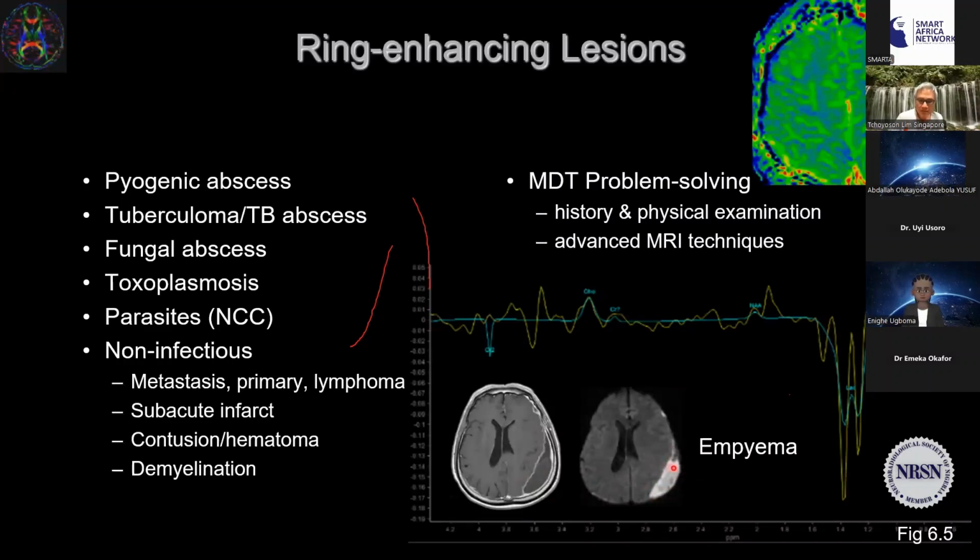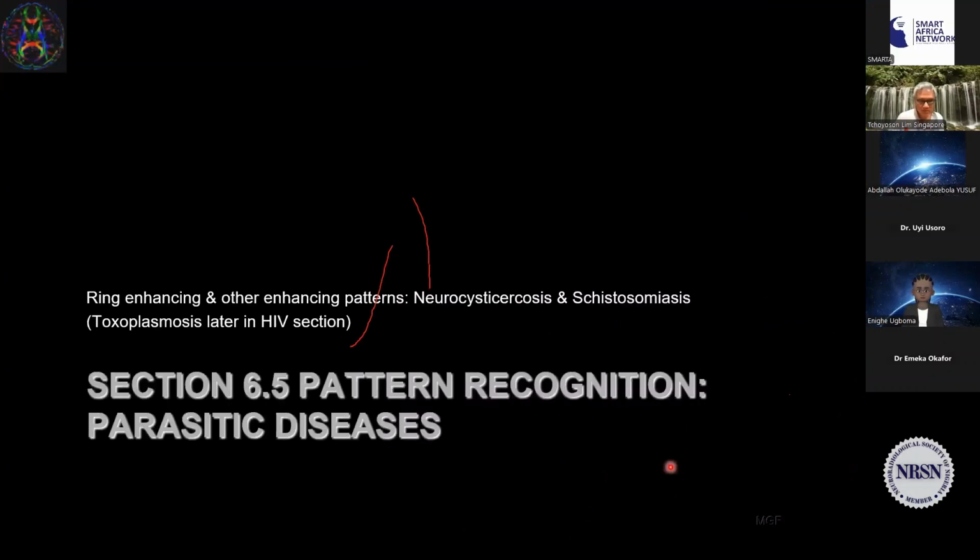So an empyema behaves very similarly to an abscess because it is a collection of pus. So let's move on to the parasite causes of ring-enhancing lesions and focus specifically on cysticercosis and schistosomiasis disease.